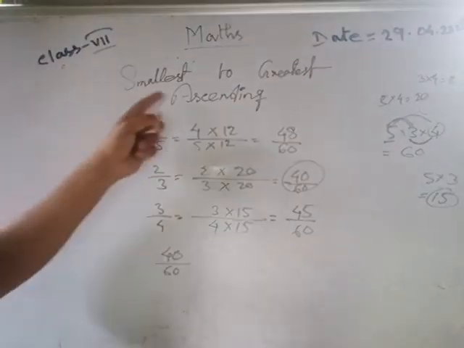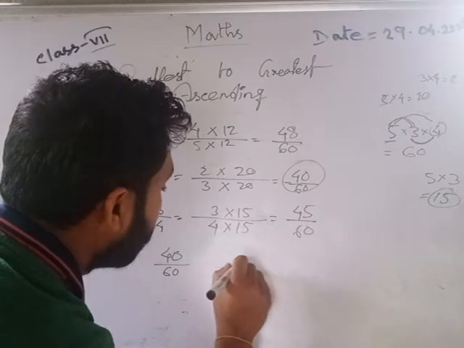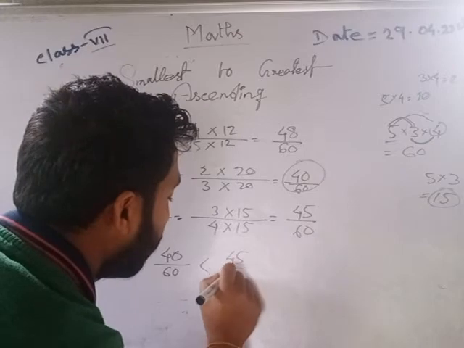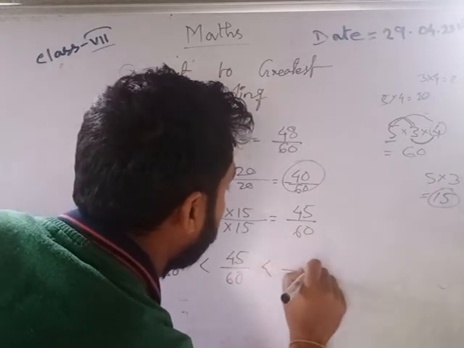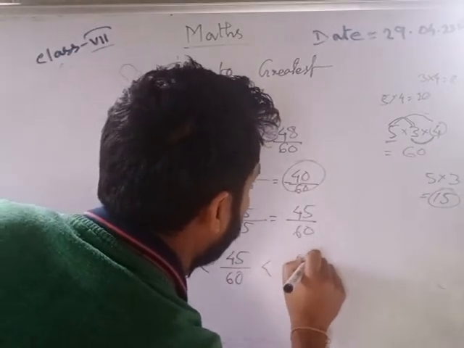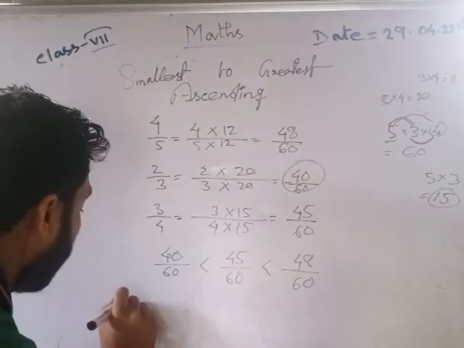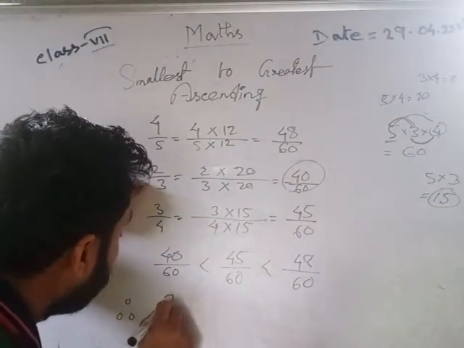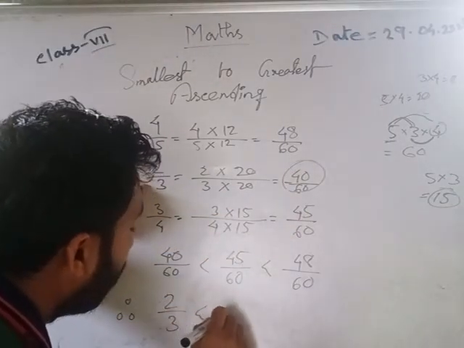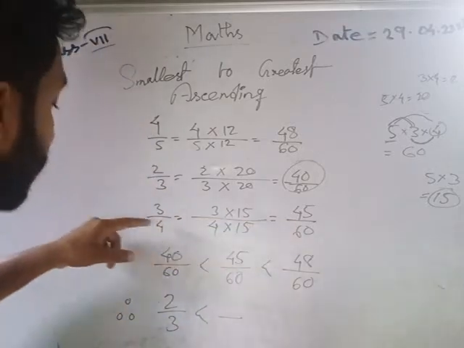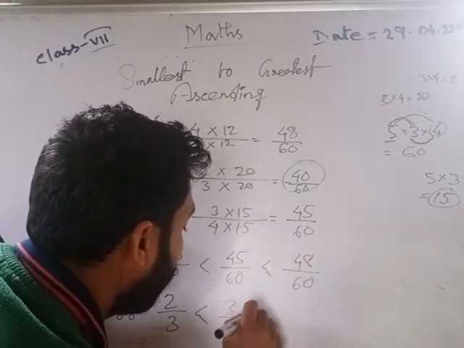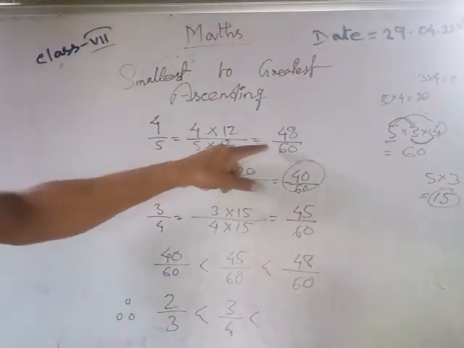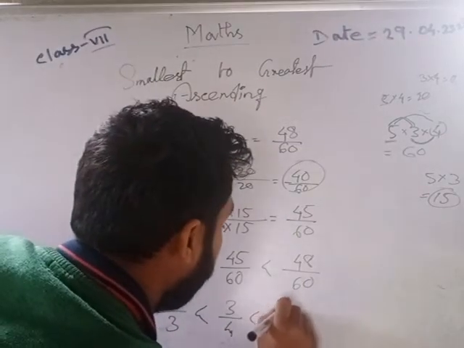When you arrange numbers in ascending order, on that time you should give the less than sign. 48 by 60, that means 2 by 3. After that 45 by 60, that means 3 by 4. After that the next or biggest or greatest fraction is this, that means 4 by 5.